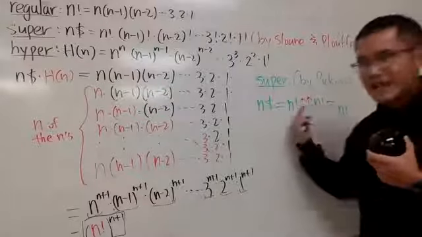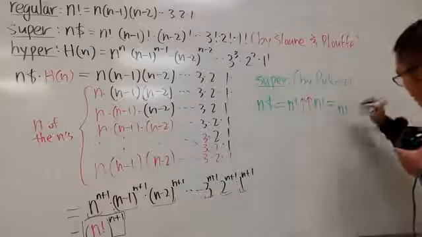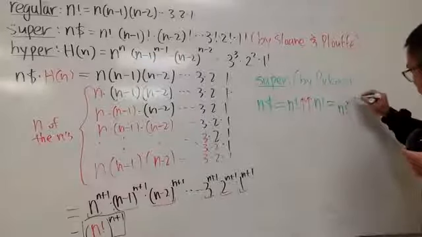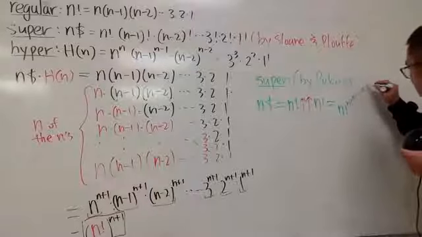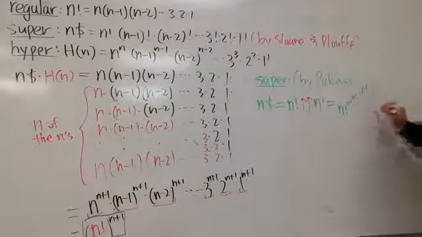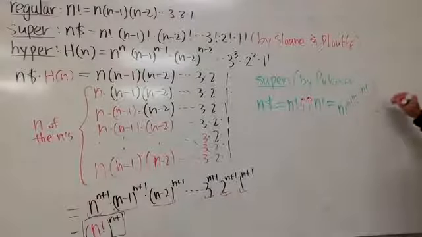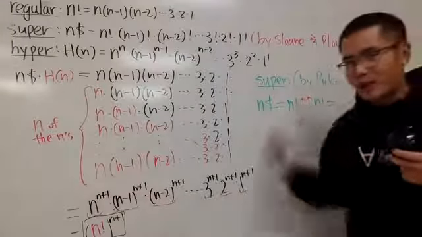And the double up arrow means you just build out the power. So you have n factorial raised to the n factorial raised to the n factorial dot dot dot raised to the n factorial power like this. Well, what's the height? Again, the height is n factorial. And this is just crazy, okay?